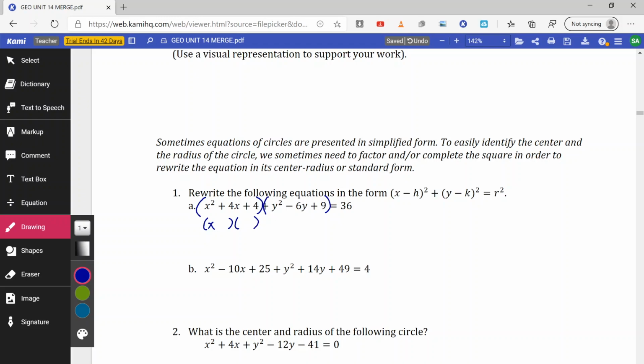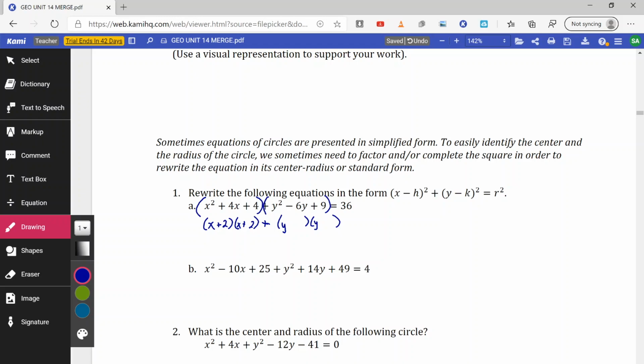X times x makes x squared. And then I need numbers that will multiply to 4 and add to 4. So 4 times 1 or 2 times 2. So 2 and 2, they're both positive, so then (x plus 2) times (x plus 2). Now we're going to do the same thing with y squared over here. We can try and factor this. Again, first times first makes first, so y times y. And then we need numbers that will multiply to positive 9, adding to negative 6.